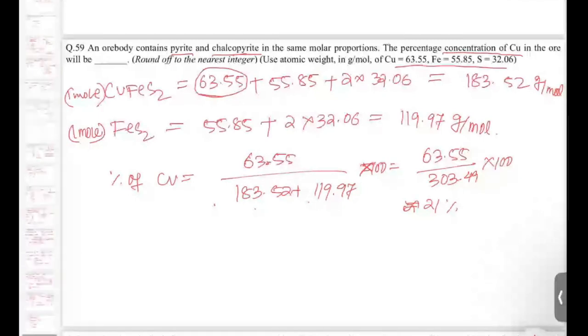As it is given as same molar proportion, 1 mole here or 1 mole here, that doesn't make any difference.